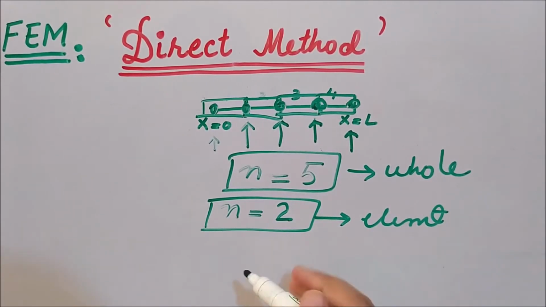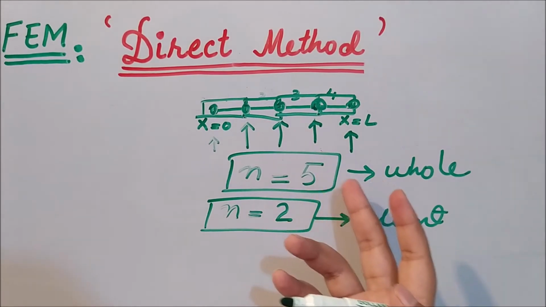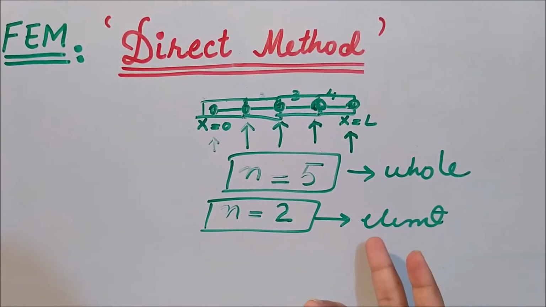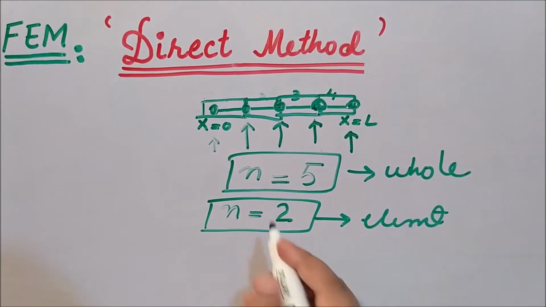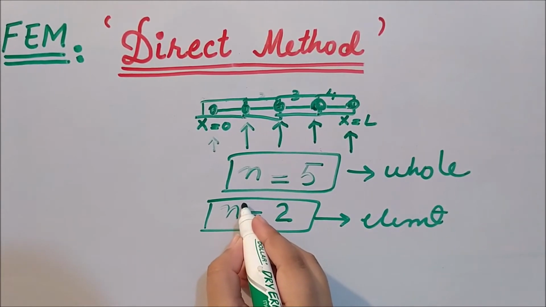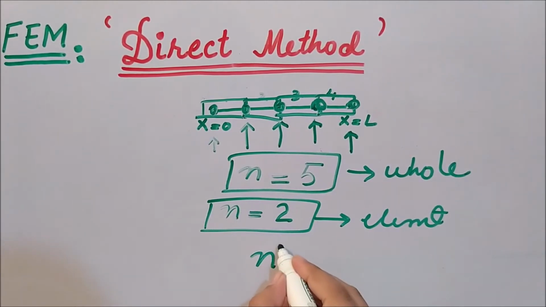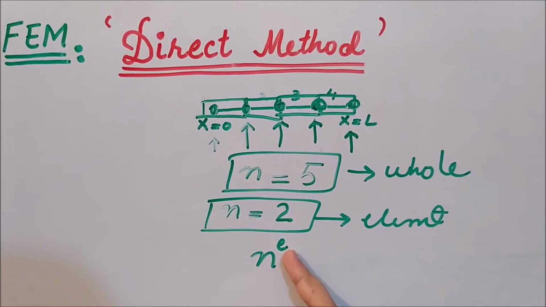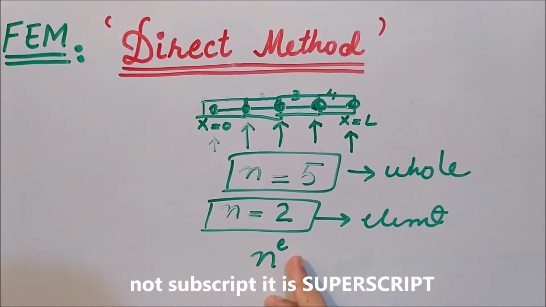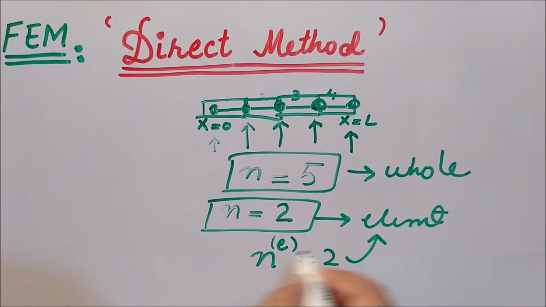node numbering. So how do we distinguish the whole geometry node numbering from the element level? One, we will represent it, we will add E on the subscript of it. When there is a subscript, we will say that this is the element level node number.